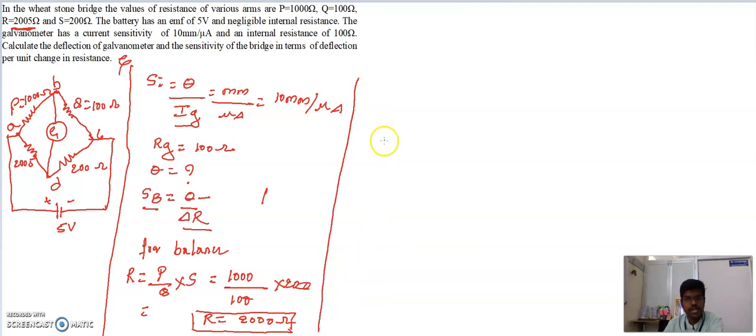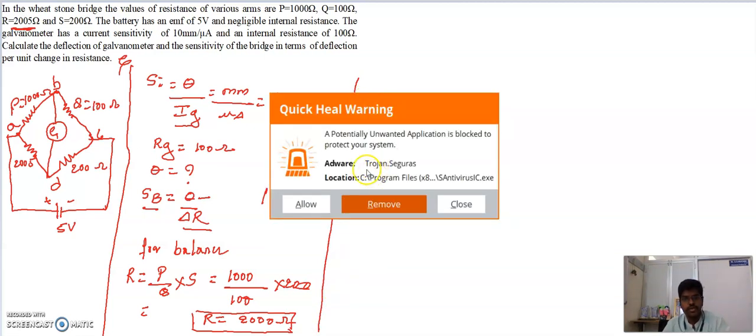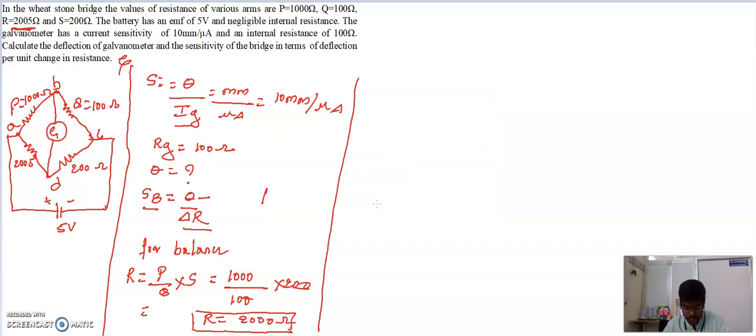We know the value of the actual resistance and the deviated resistance also, so better find the value of delta R, the change in the resistance. The change in the resistance is the given value of the resistance minus the actual value of the resistance.